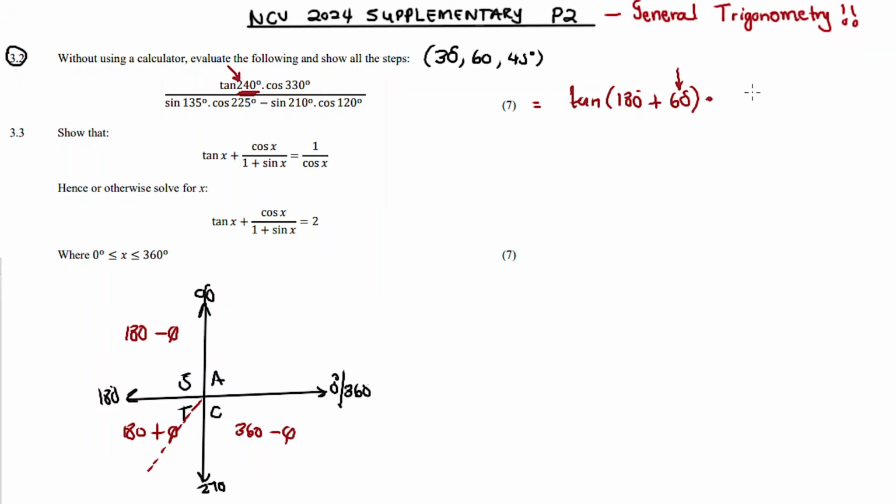Let's continue. Let's go to the cos 330. Where is 330 located? It's located in the fourth quadrant. So how do I write 330 as a reduction formula?